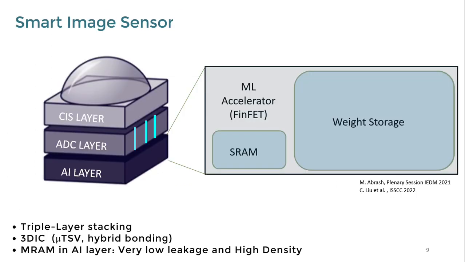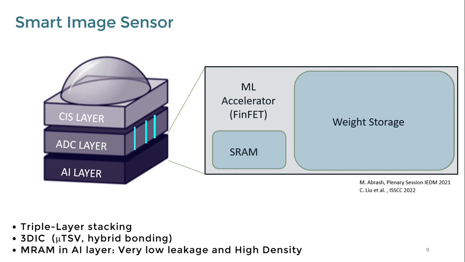So let me quickly introduce our smart image sensor. This smart image sensor is enabled by triple wafer stacking technology, in which the first 2 layers are our image sensor that is connected to the logic layer through through silicon via.